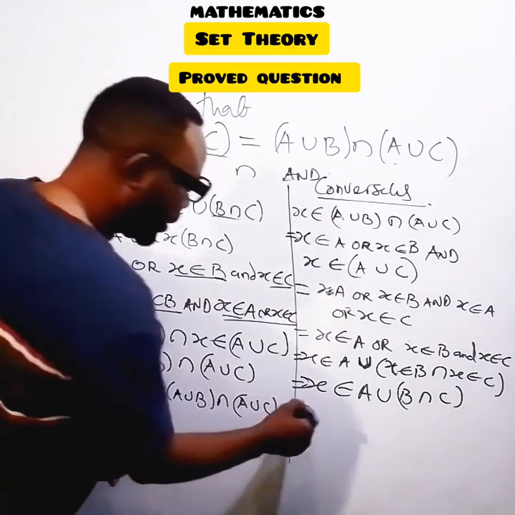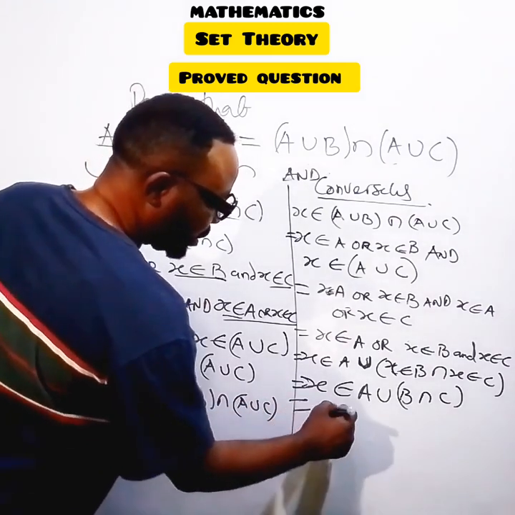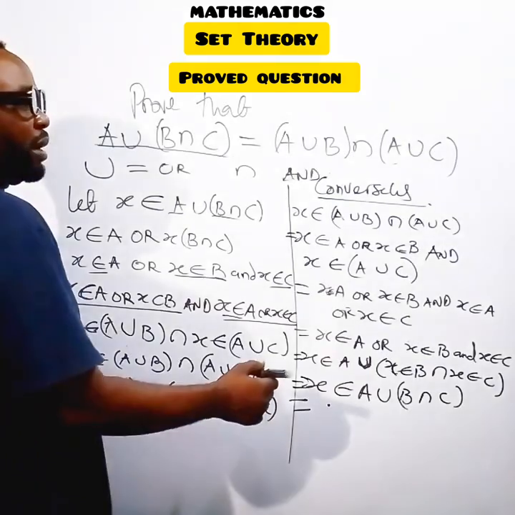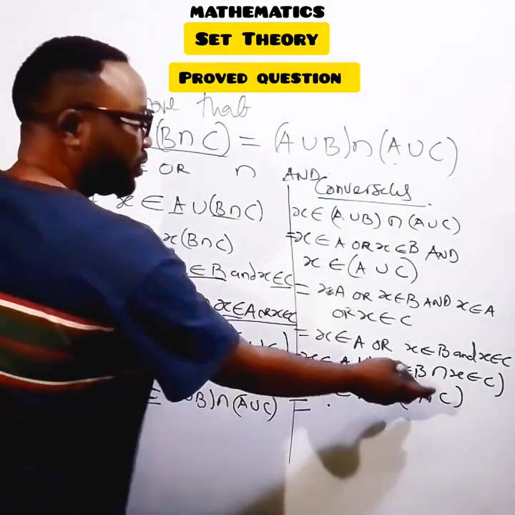Now, we can conclude that X is a member of A union B intersection C. We've written that.